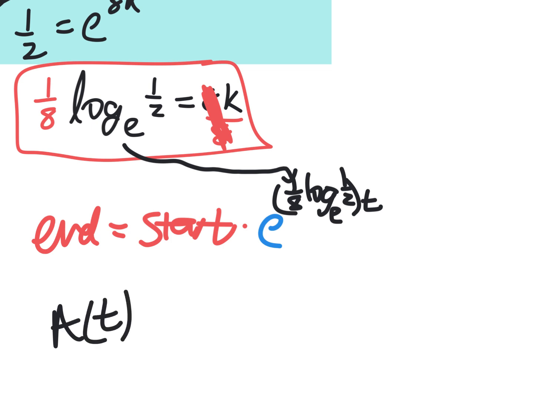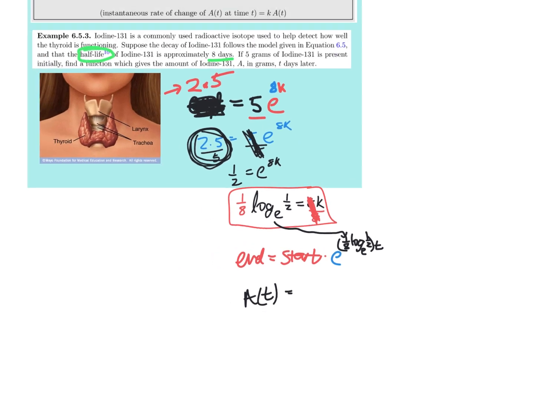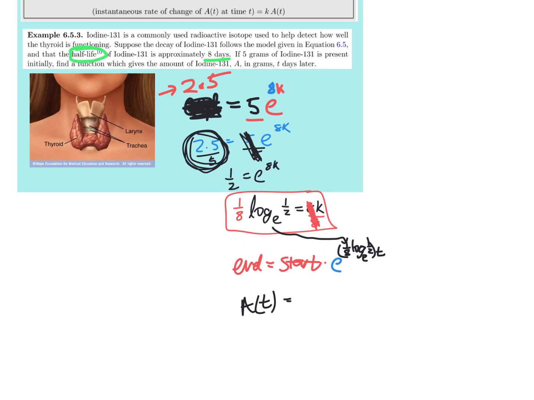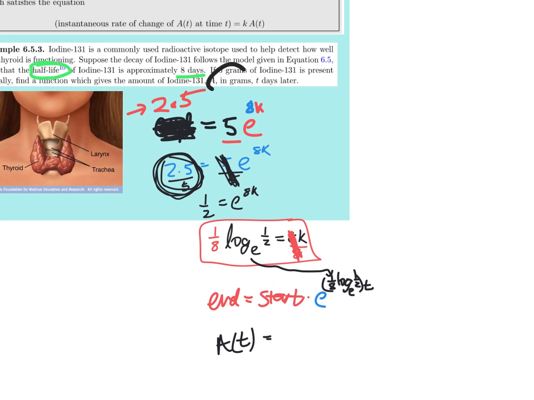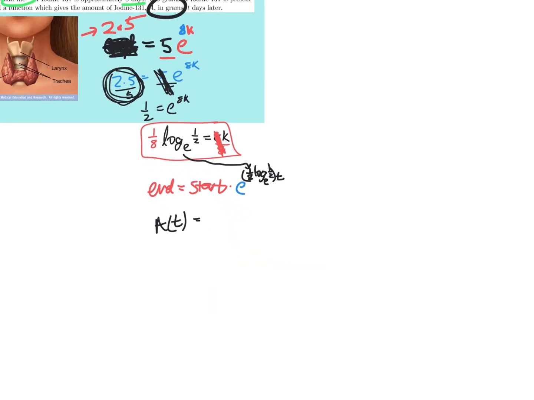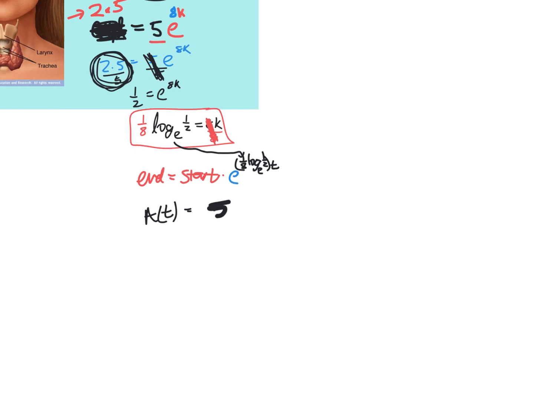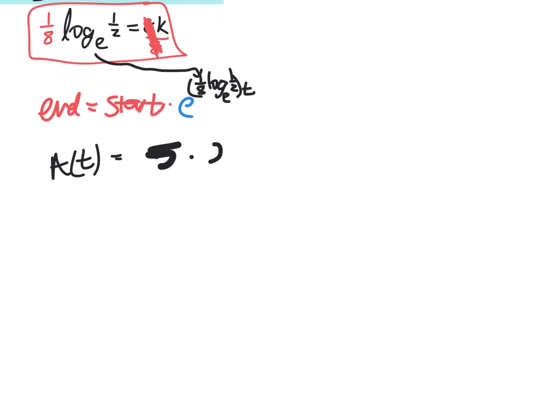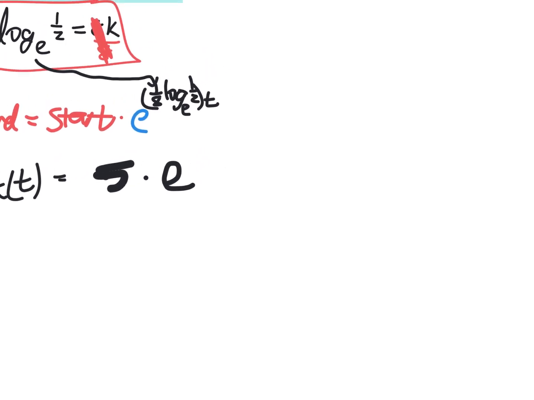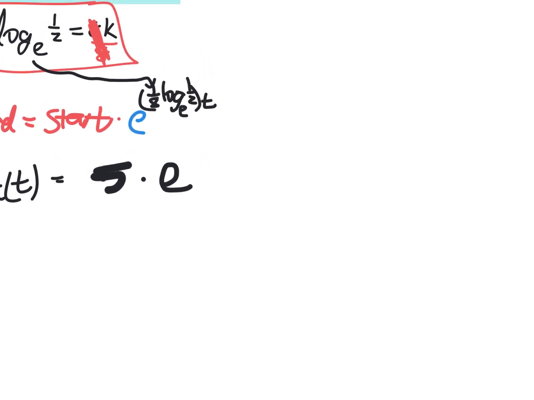Our amount at a given time will be whatever the start value is, and we can assume we start with what they said: 5 grams of iodine 131. So we put a 5 right here, times e to the 1/8.